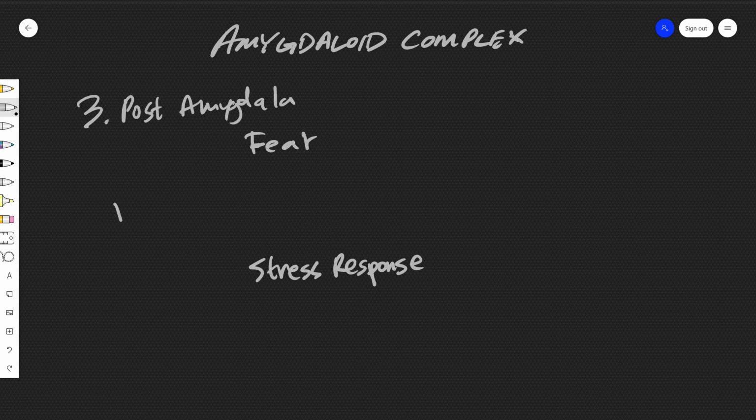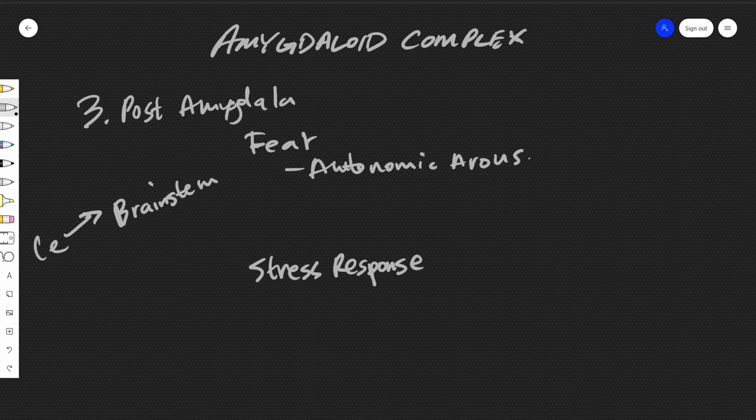The fear response will be to the brainstem. So we have the central amygdala outputting to the brainstem. And so we're going to have autonomic arousal, decreased pain sensitivity, and reflex potentiation.